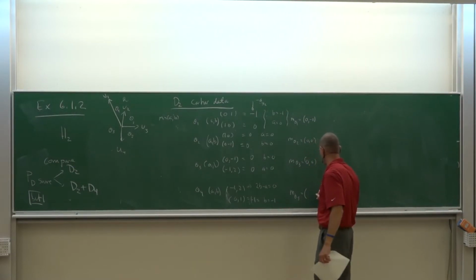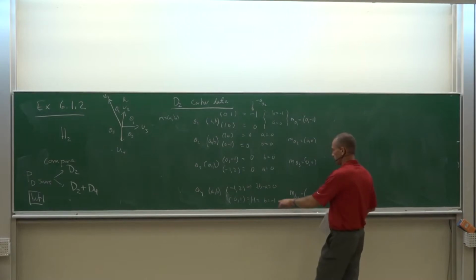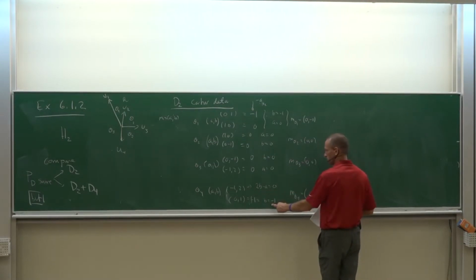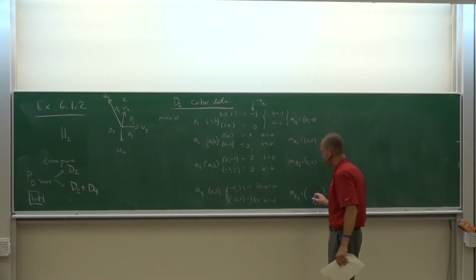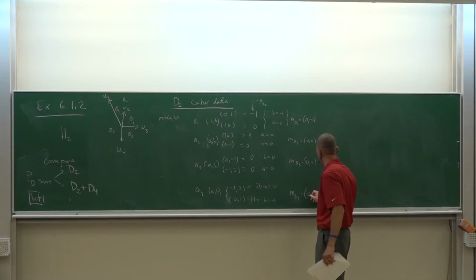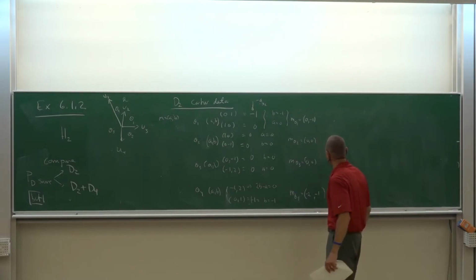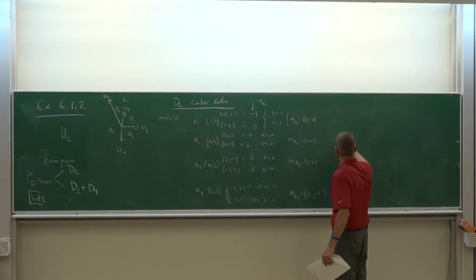B was minus 1, but then over here, since B is minus 1, I get minus 2 minus A equals 0, so A has to be A equals minus 2. So what I get here, when I draw my little lattice points in, is M sigma 2 and sigma 3 are 0, 0.